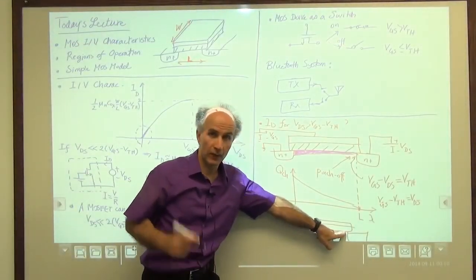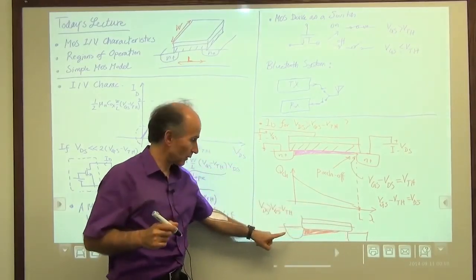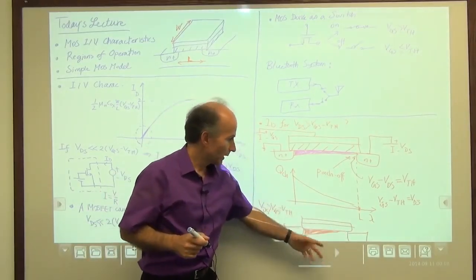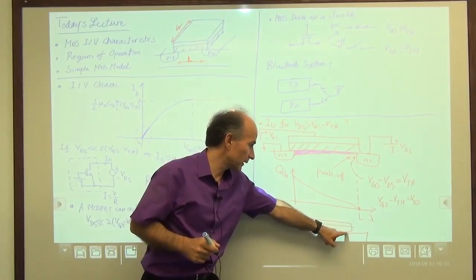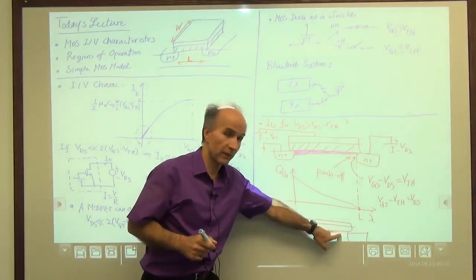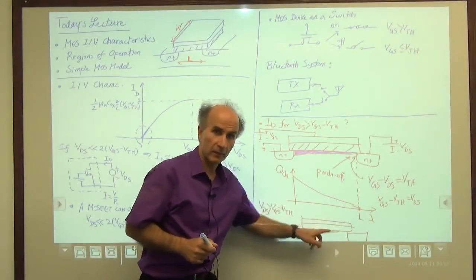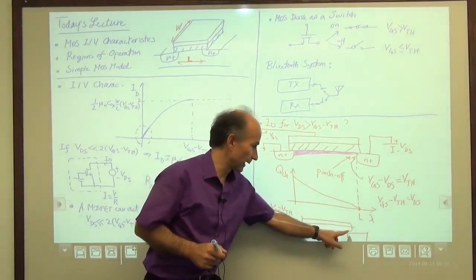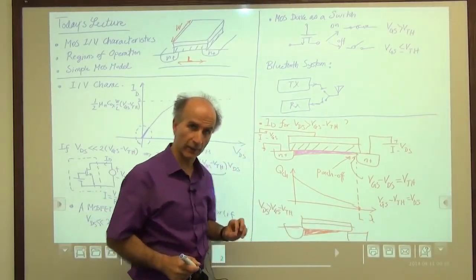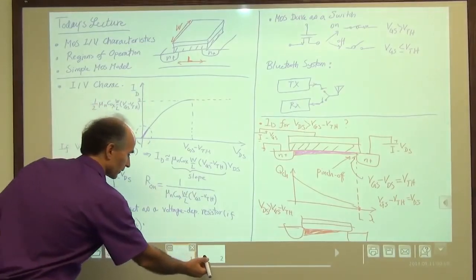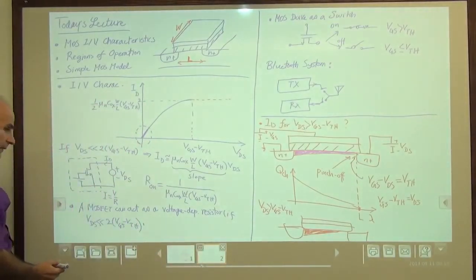Beyond this point, we don't have charge. We cannot write those equations. So the equation has to be written from here to here. But as I said, because this incursion is very small, we approximate it by 0 to L. Okay, there's an approximation there. All right, so far so good. But here comes the big change.